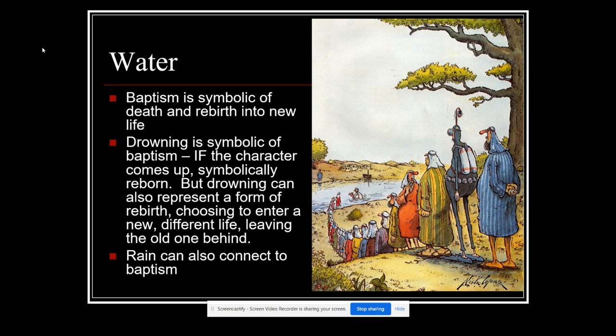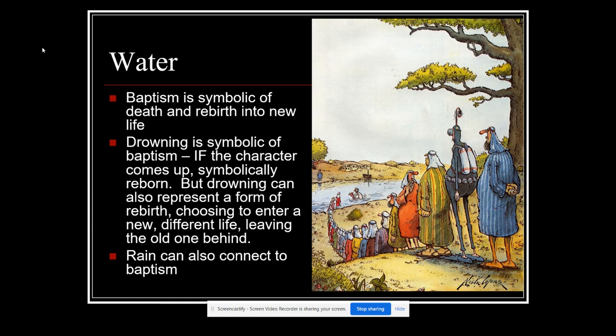If characters go underwater and then they resurface, a lot of times it's maybe not used in a very religious sense, but it can be important as far as the character coming to some sort of epiphany. If a character goes under the water and stays under the water, that might be about death. If they're literally dying, but it still could be about rebirth.